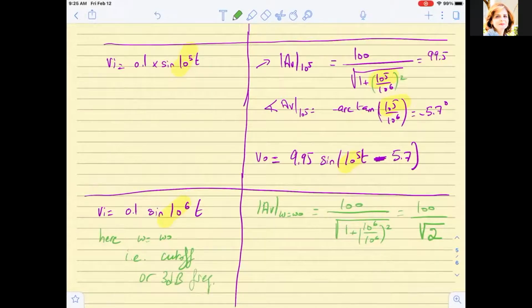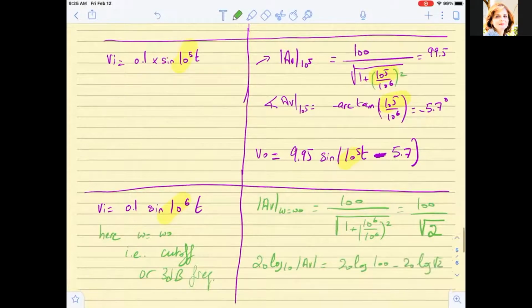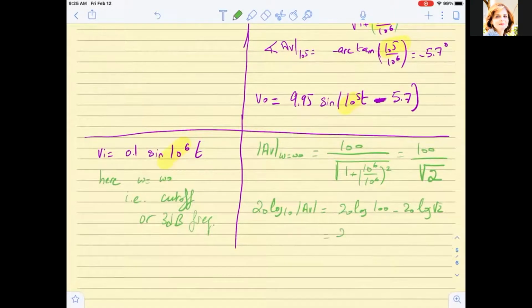If we take the 20 log 10 of AV in this case, it will be 20 log 100 minus 20 log root 2, and this will be equal to 20 log 100 minus 3. And this is where the 3 dB comes from. So this is the cutoff or the 3 dB frequency.